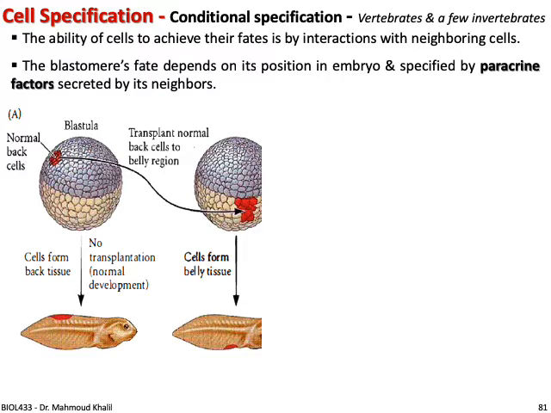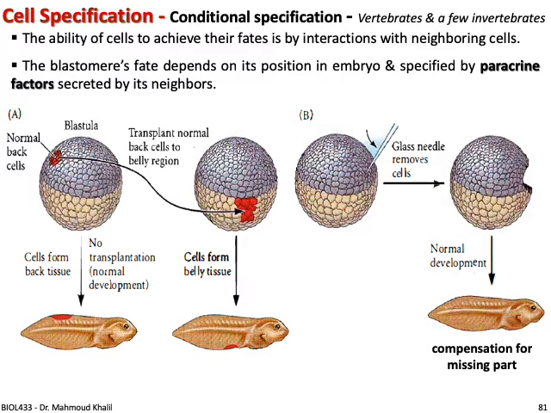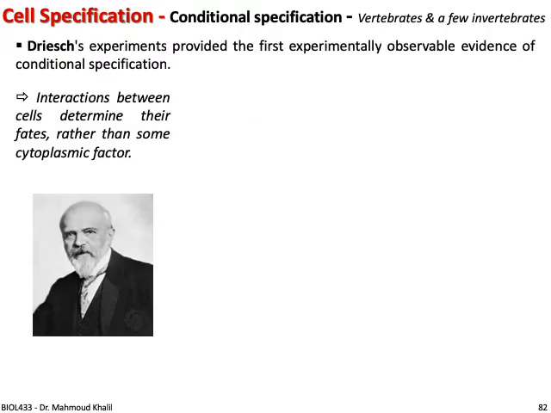That means that the fate of the cell has been changed due to its location. In another example, they use a glass needle to remove cells, making a hole in the blastula, but still there is normal development and there is compensation of the missing part. That means that cells use the new position to compensate or condition the specification.